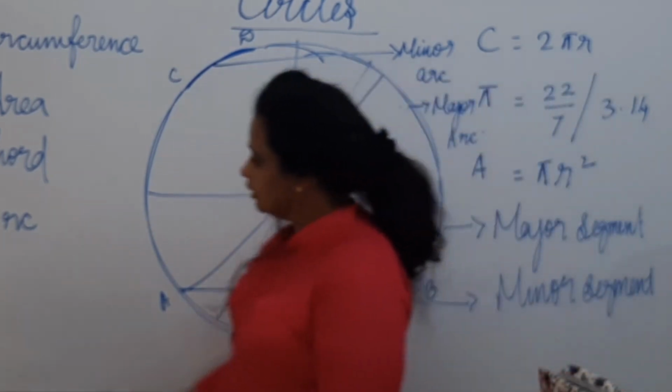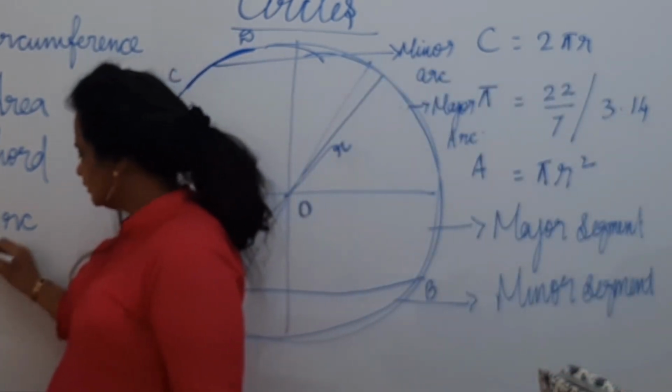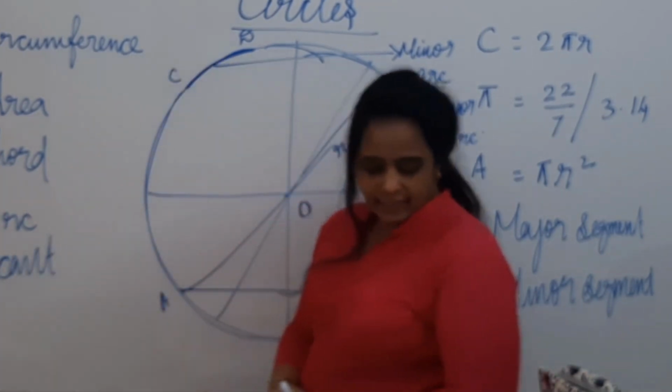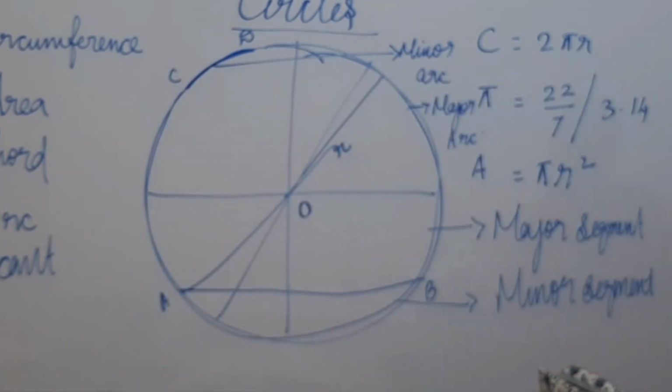Now, the fourth one is secant. A secant is a line that intersects the circle in two distinct points.